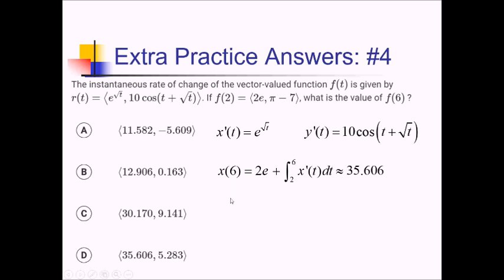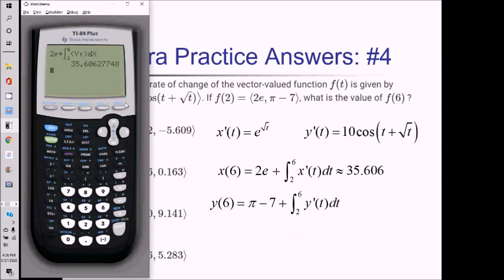So y of 6, that's going to be the initial y value of pi minus 7 plus the integral from 2 to 6 of y prime of t dt. So pretty much same setup, but a different initial value, different function. Going back on the calculator for this, I'm going to yank my input from before. And instead of 2e for the initial value, now I need pi minus 7.